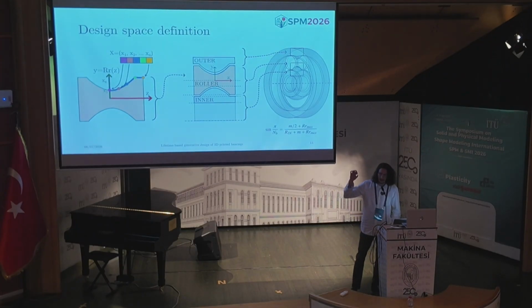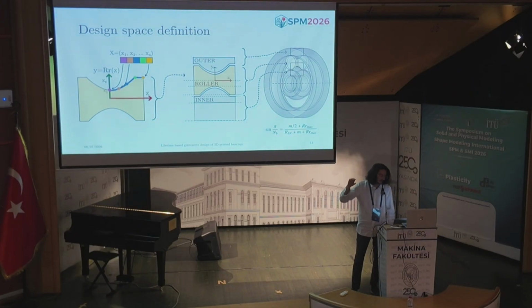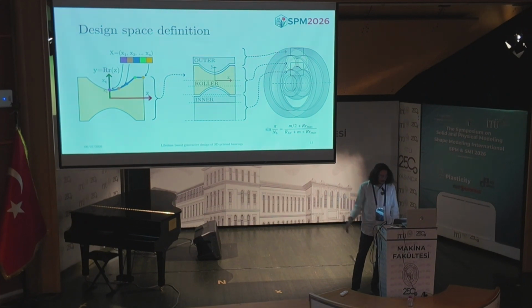And we can get the exact number of rollers in the bearing by adjusting some measurement. Basically, this is the distance between the z-axis and the center of the bearing. And by adjusting this length, we can get an exact integer number of rollers. So anyway.